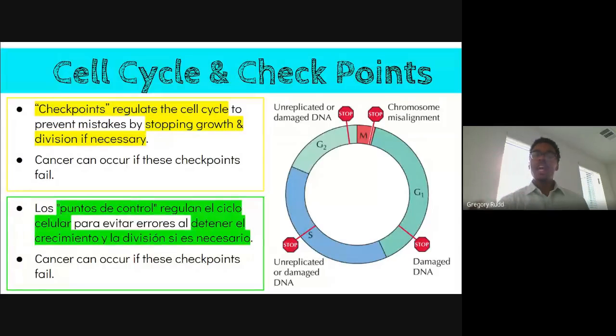All right, so there are these checkpoints that are intentionally designed within the DNA of the cell to say, okay, we're good to go, or no, we need to hold up, something's not right. And if those checkpoints aren't there, or if they fail to work, then we can end up with cancer.